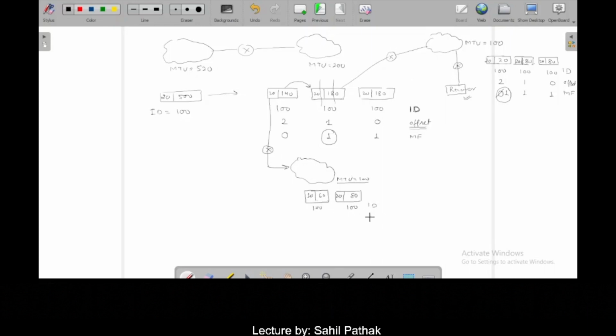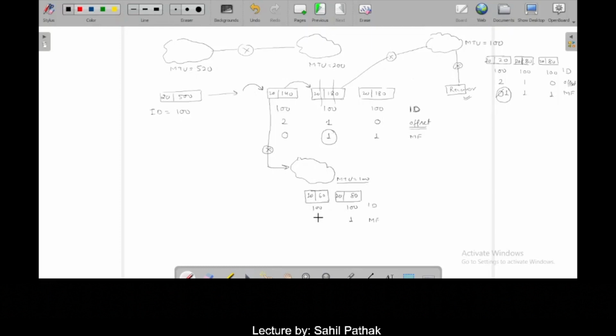Offset, as of now I'm not talking about over here, but if I'm talking about the More Fragment field, are more fragments following this? Yes, more fragments are following this, so the MF field is going to be 1. How about this? Are more fragments following this? This is the last fragment, and no more fragments are following.